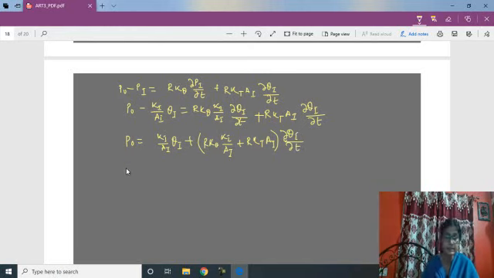So extracting θI, why are we doing this? Because we are trying to find the final expression which establishes that this is the effect of proportional plus integral action.